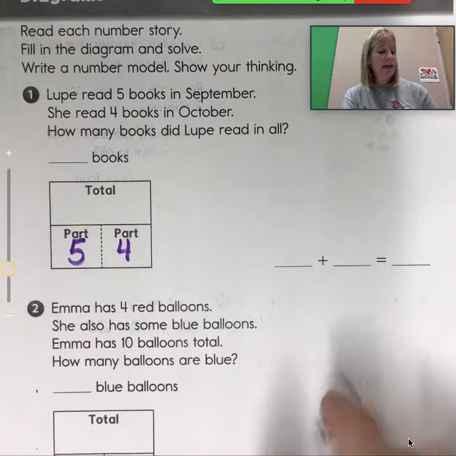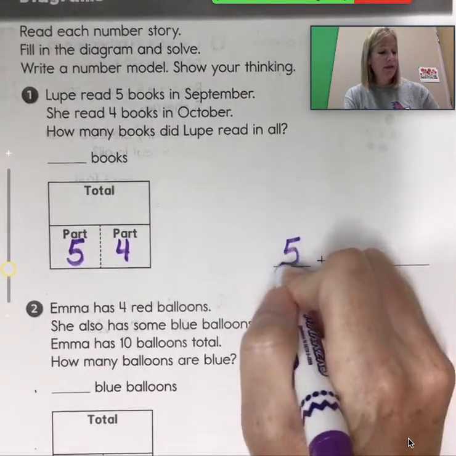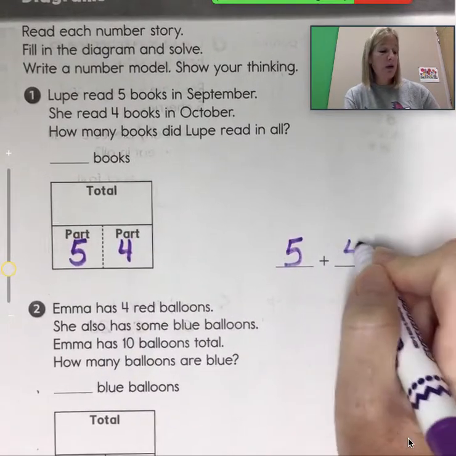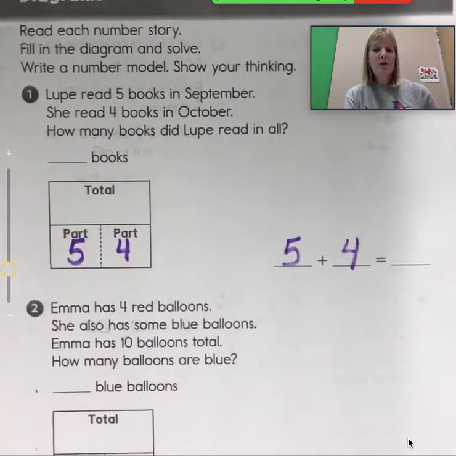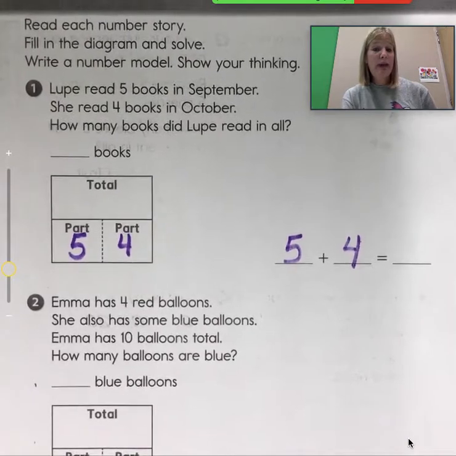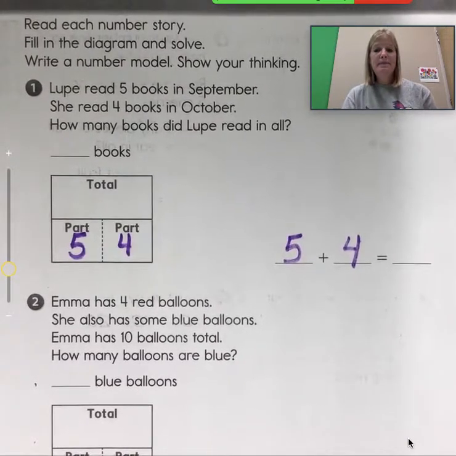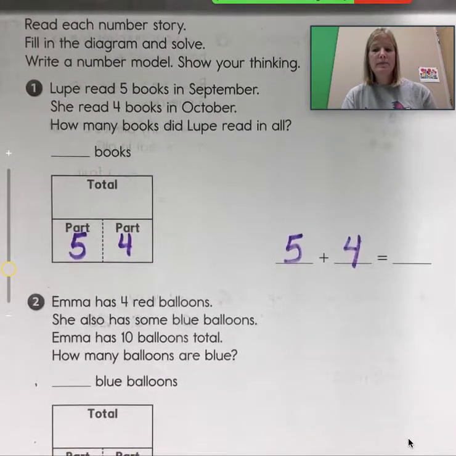All right, did you put 5 plus 4 equals? Now do the math to figure that out. There's different strategies. You could count up. You could draw a picture if you wanted to. You could find a number grid or a number line.